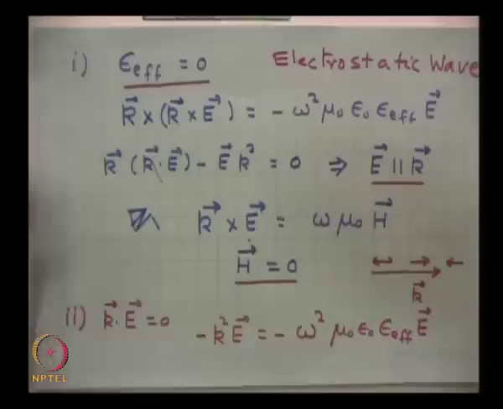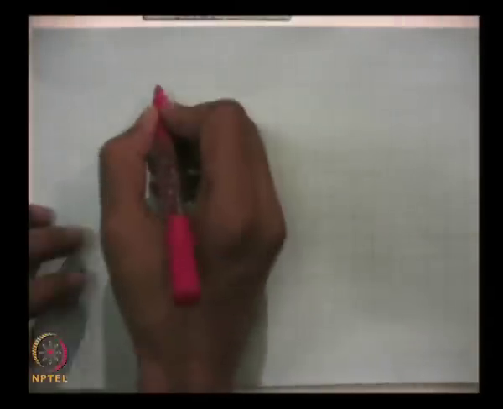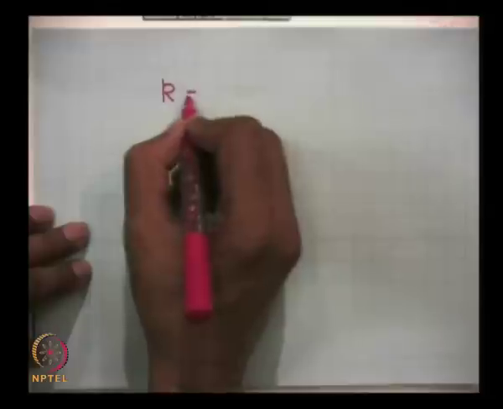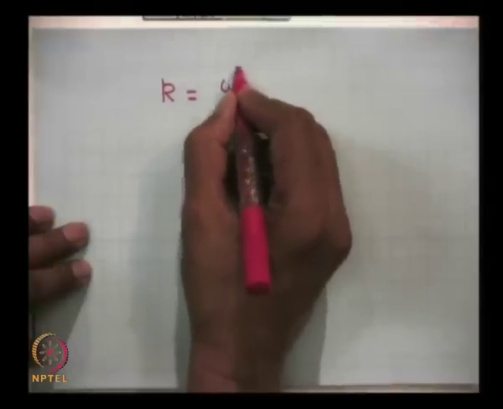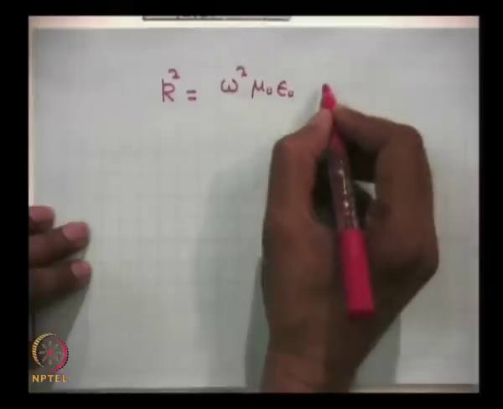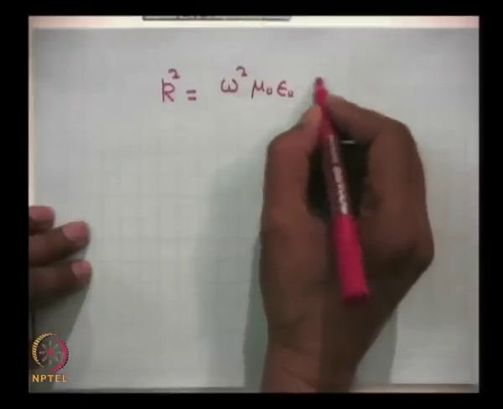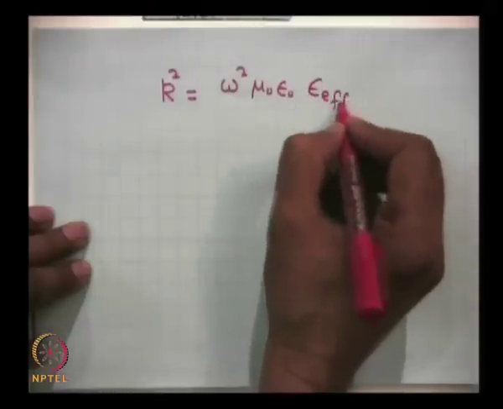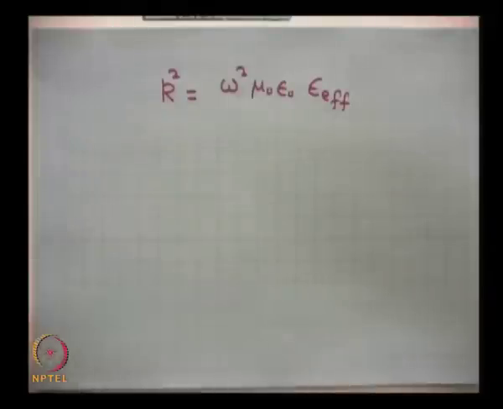So, I will write down k for these waves: k square is equal to omega square mu 0 epsilon 0 into epsilon effective.